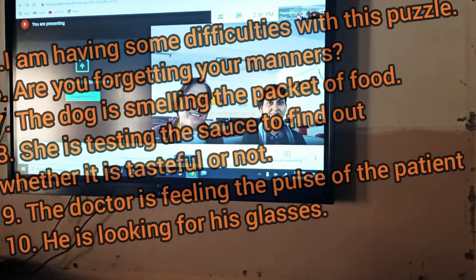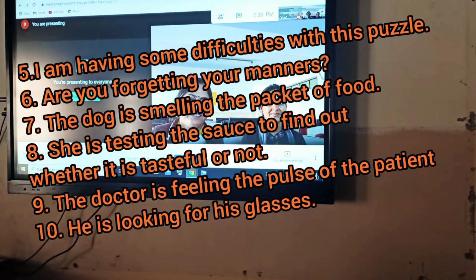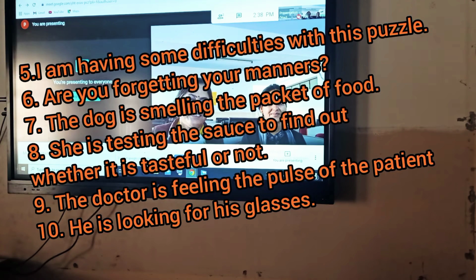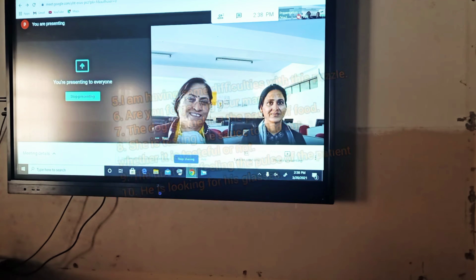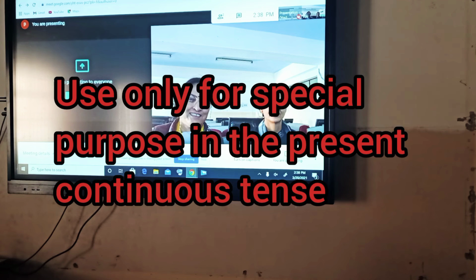I am having some difficulties with this puzzle, right? Are you forgetting your manners? The dog is smelling the packet of food. She is tasting the sauce to find out whether it is tasteful or not. The doctor is feeling the pulse of the patient, right? He is looking for his glasses, right? These are some examples which will let you know that there are some verbs that are correct to use in continuous.